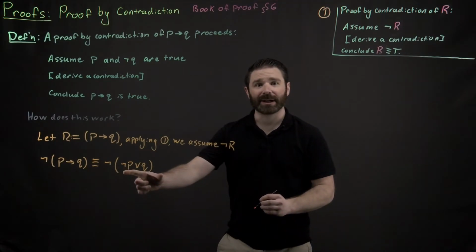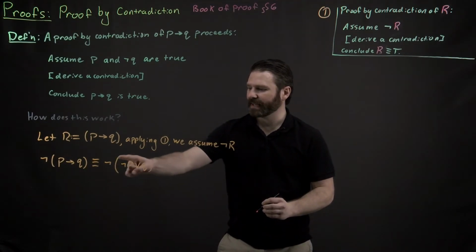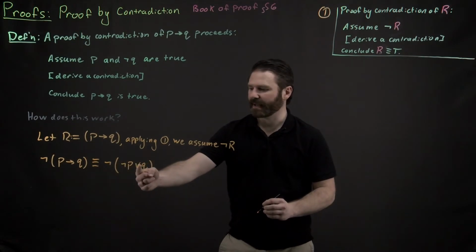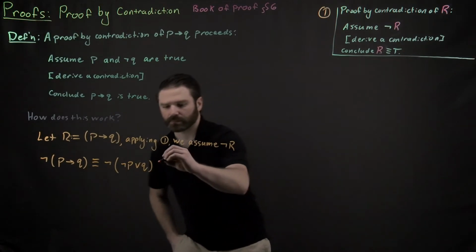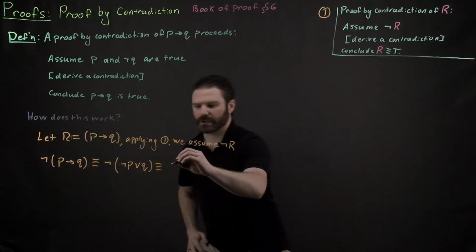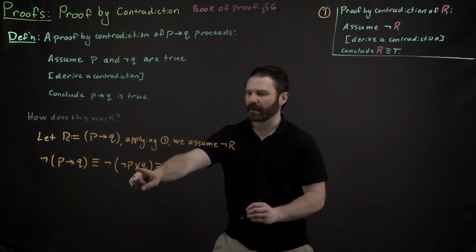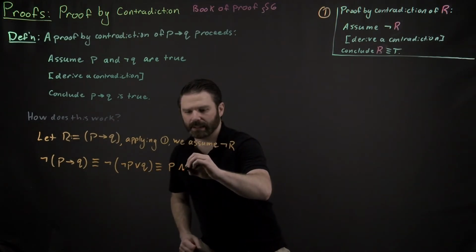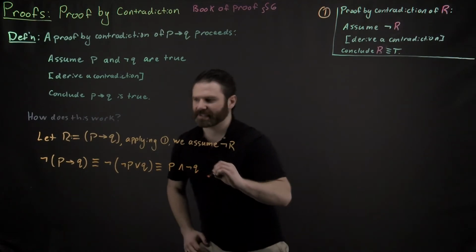And then I can apply De Morgan's law to bring this not inside this or statement, this disjunctive statement. So I have a not not P, so that's going to be P. I flip my or to an and, and I get not Q.